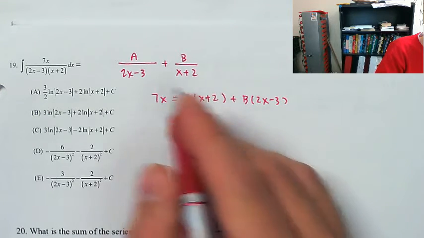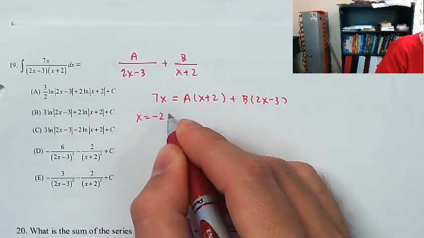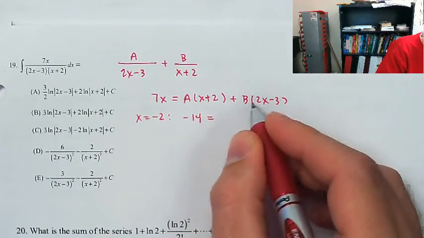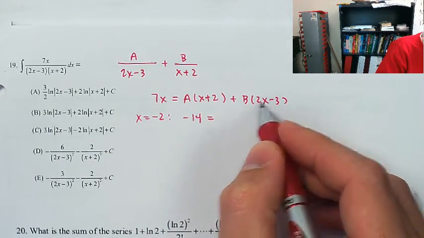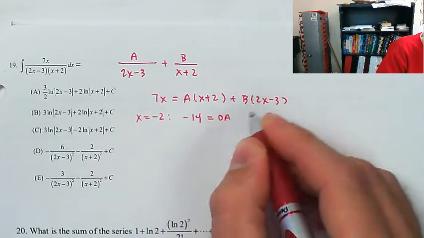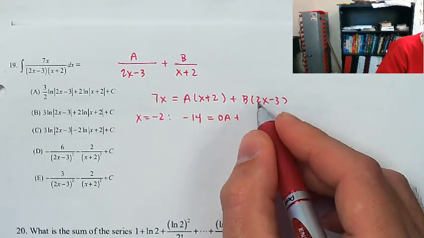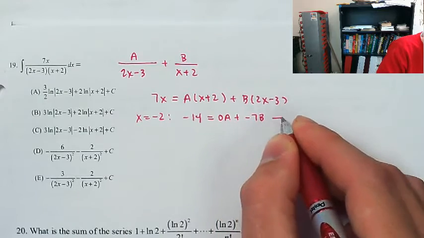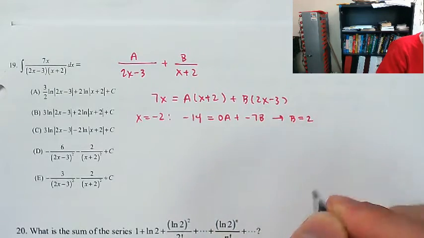I choose x equals negative 2. So 7x is negative 14 equals, okay, this will be 0a plus b times negative 7. Okay, that's promising. That means b equals 2.